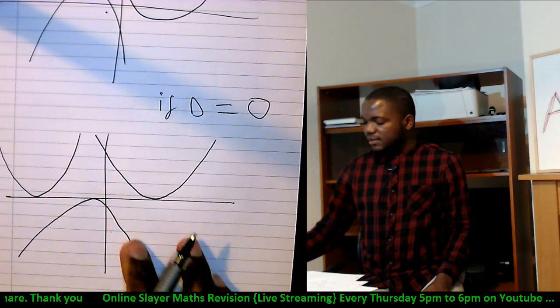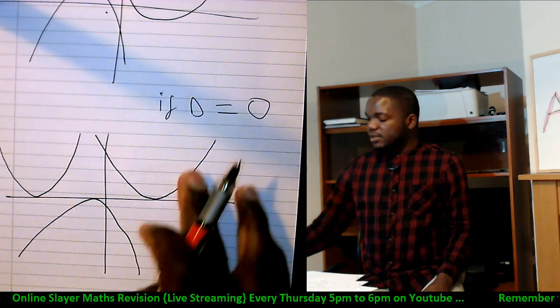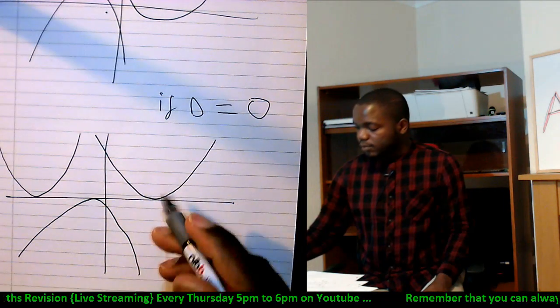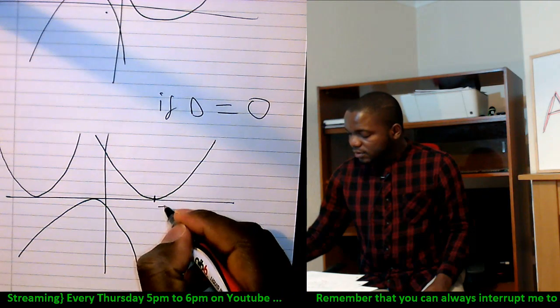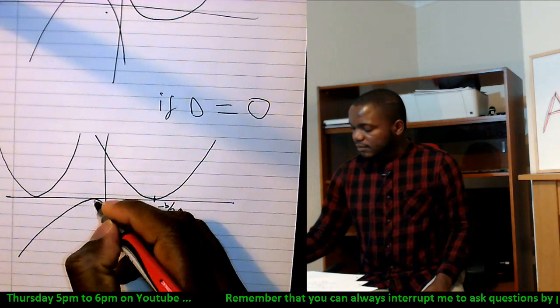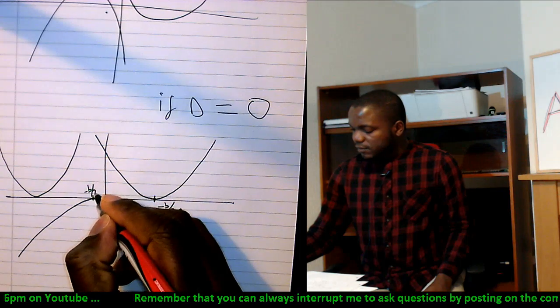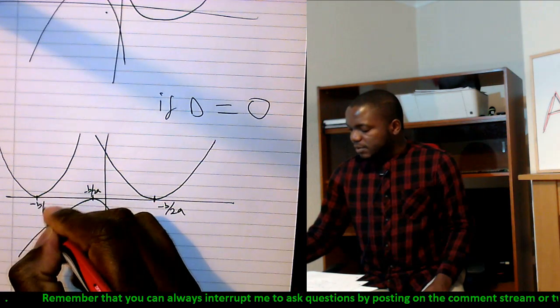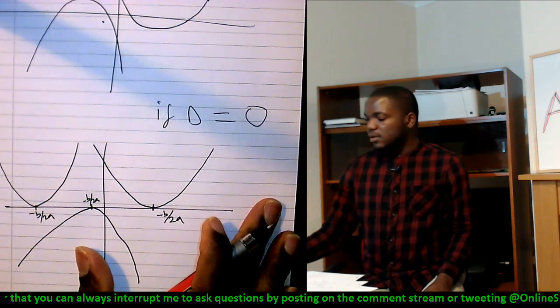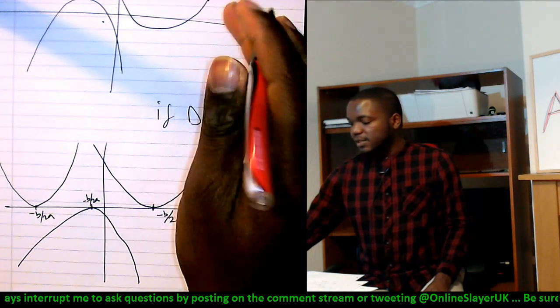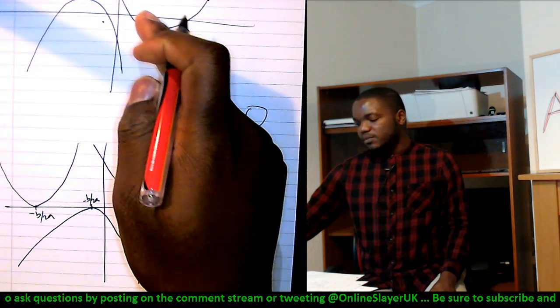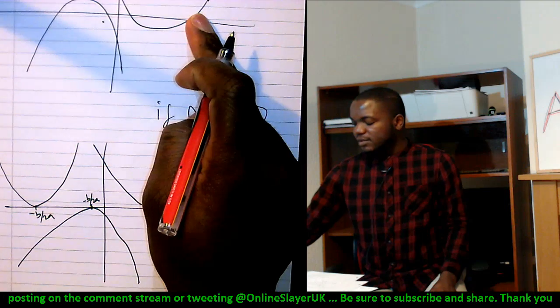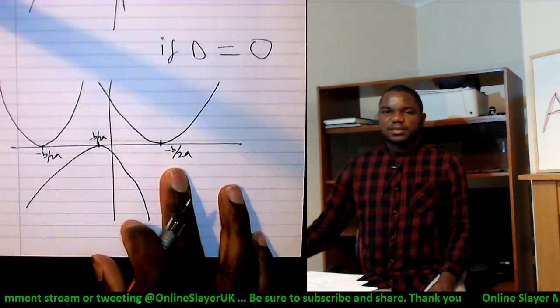Where a is negative, it's an N shape. But it's going to touch it at just one point, and this is the point minus b over 2a. Same point. Whereas this would have two places: minus b plus root D over 2a, and minus b minus root D over 2a.